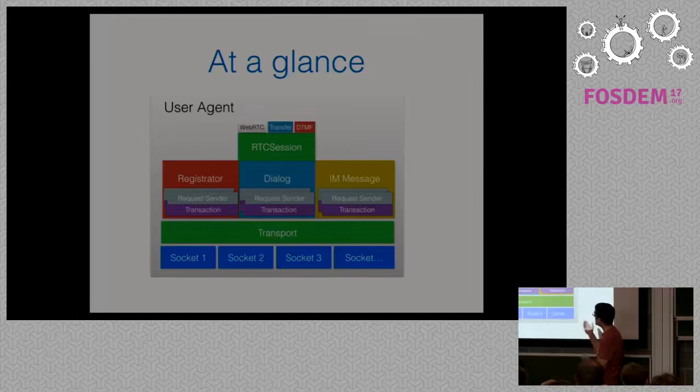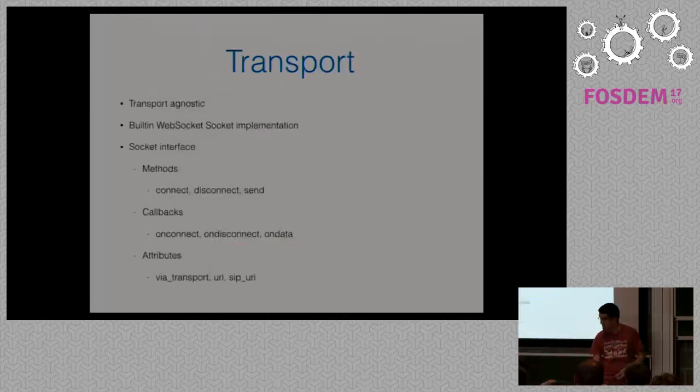Because actually, you don't need to use WebSocket to use JsSIP. We provide a socket interface, which is really simple, which needs to implement 3 methods: connect, disconnect, and send, which will be called by JsSIP when necessary. Also 3 callbacks: on connect, on disconnect, on data. So JsSIP is aware of whether it is able to send data to this transport or not.